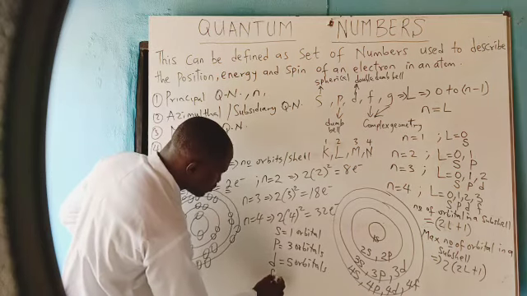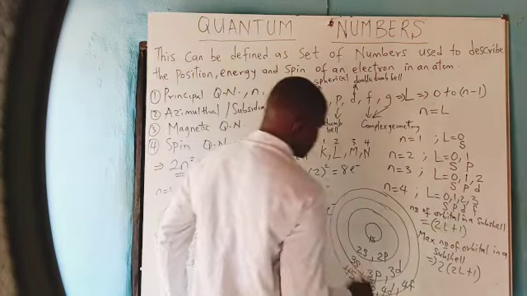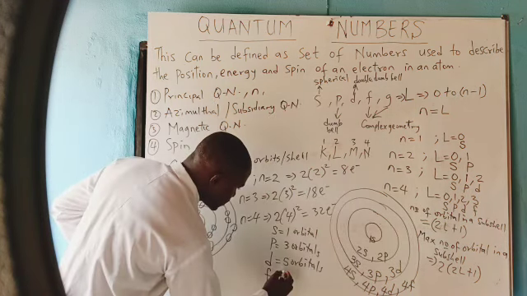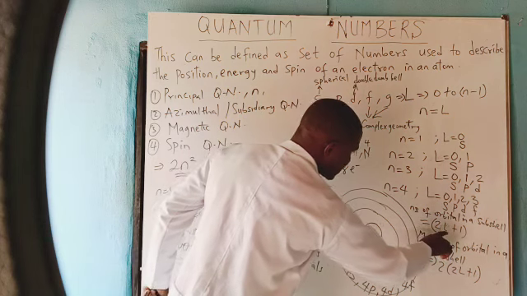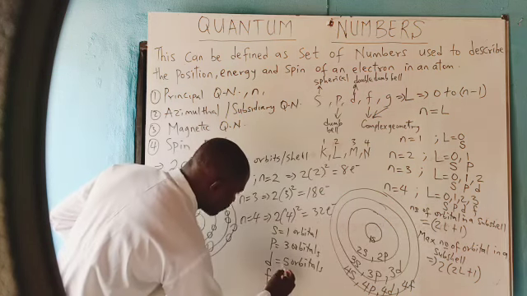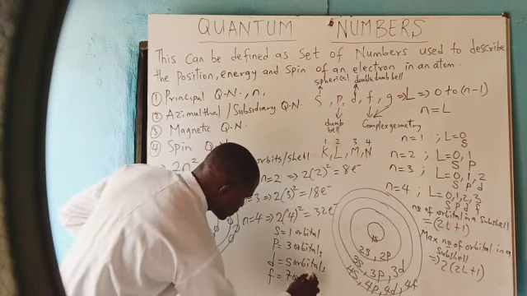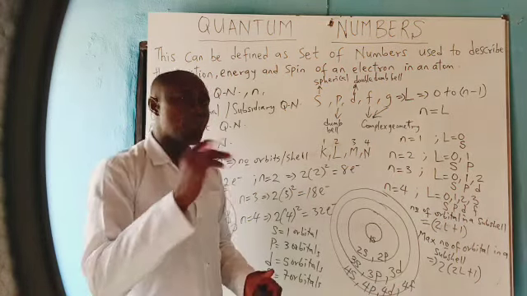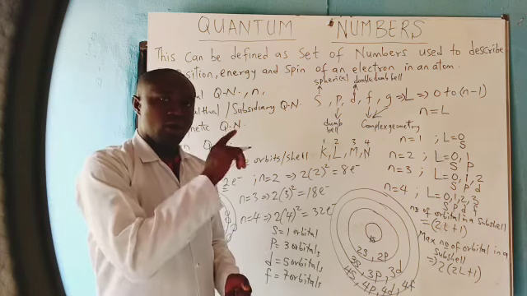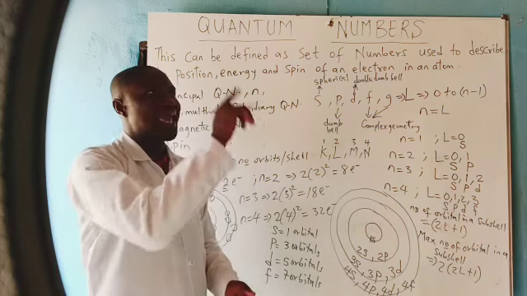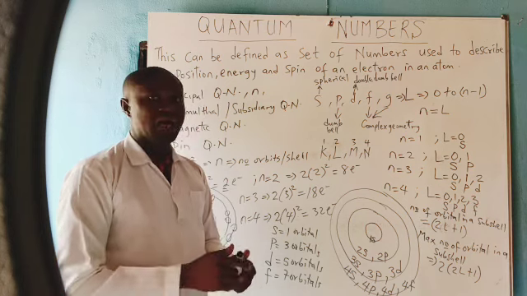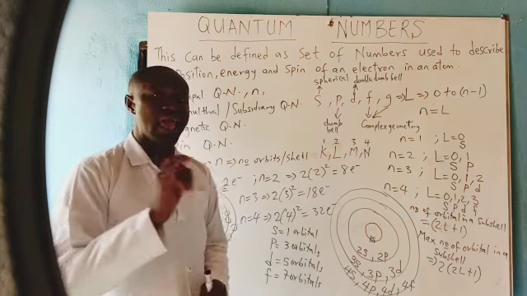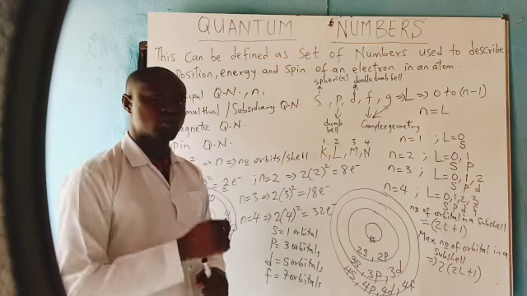Then f. f is 3. 2 times 3, 6 plus 1, that is 7. 7 orbitals. So guys, this is how Hund's rule comes up with the orbital principle, that s will have 1 orbital, p will have 3 orbitals, d will have 5 orbitals, f will have 7 orbitals, and so on.